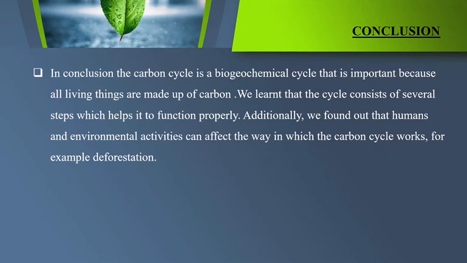Now additionally, human as well as environmental activities can affect the way in which the carbon cycle works. For example, deforestation. Now, there are ways by which humans can help reduce these negative effects, for example, reforestation. Now, if we do not maintain the carbon cycle, life on Earth as we know it would be in danger.